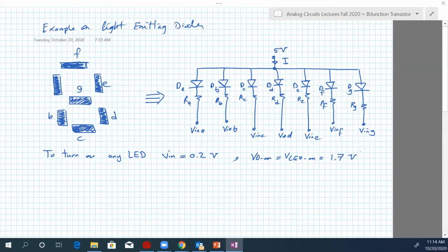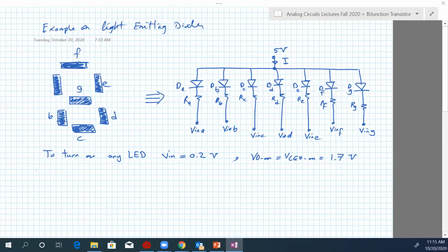If you remember, guys, we said that light emitting diodes usually have a high operating voltage. It's not 0.7 like normal diodes.